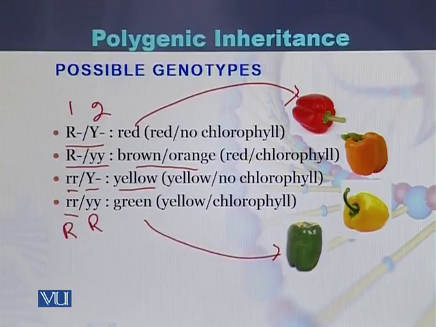So by the combination or joint effect of these two genes, different colors appear in peppers. Some can be red, some brown or orange, some yellow, and some green.